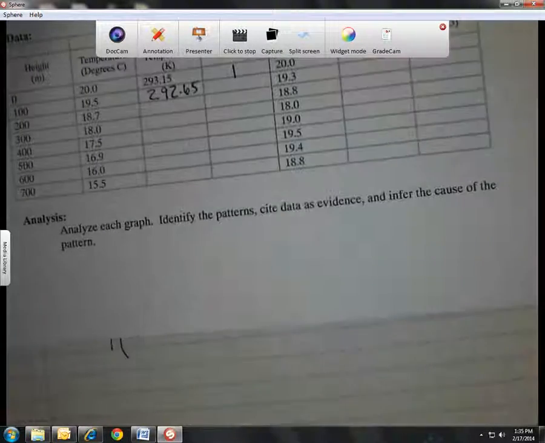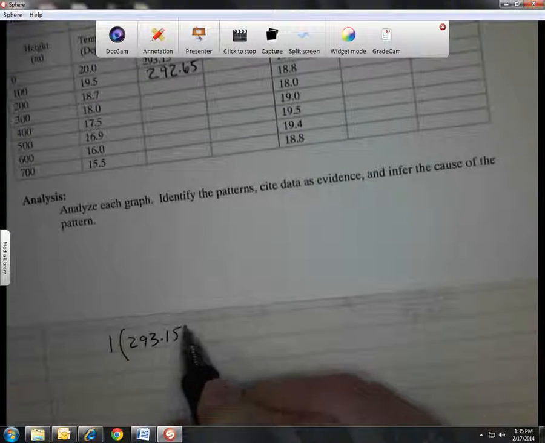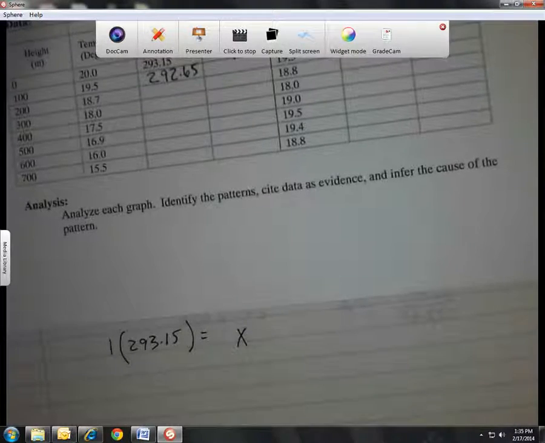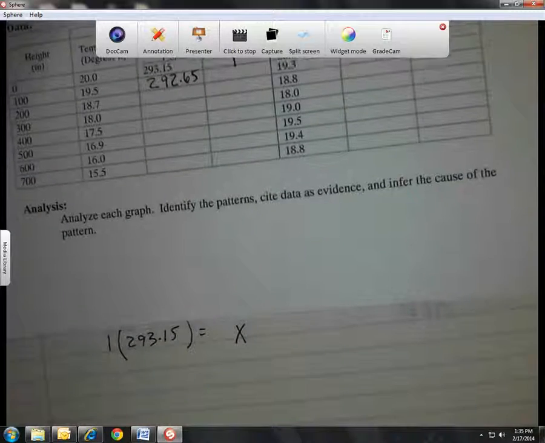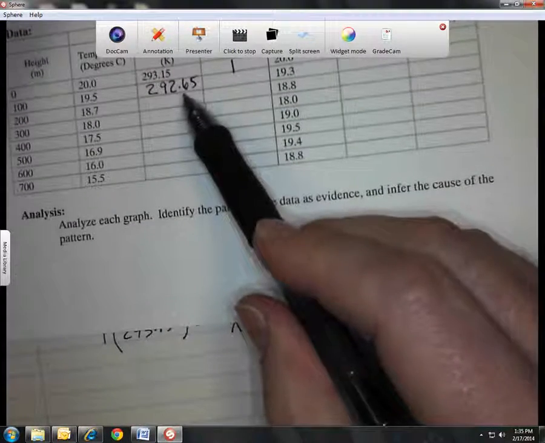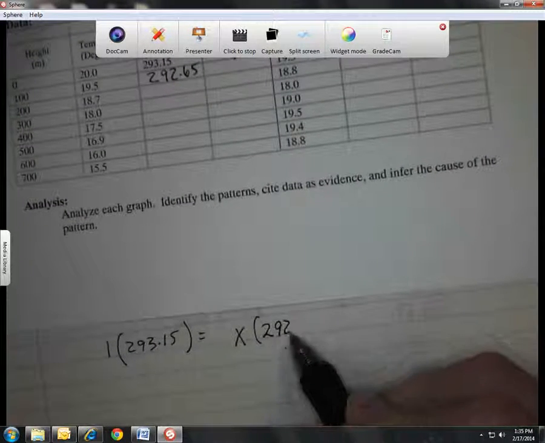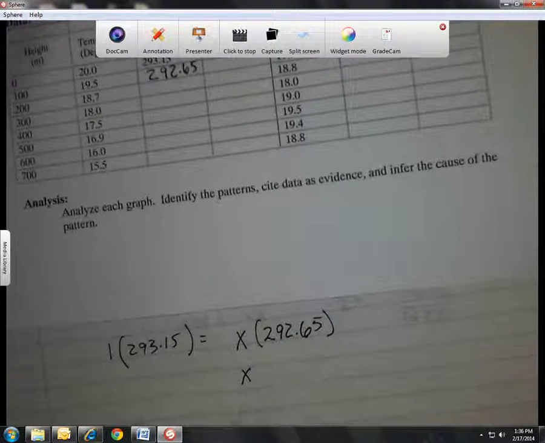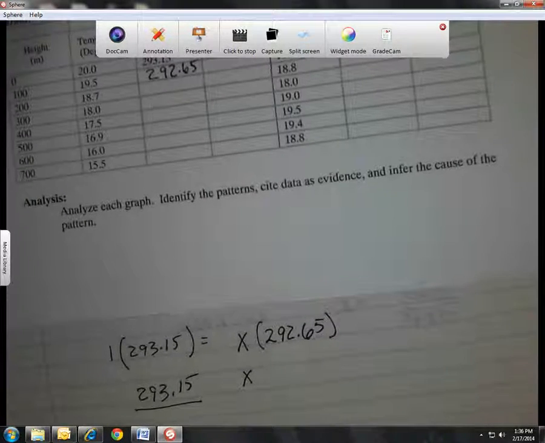That'll equal the density we're trying to solve for, in this case at 100 meters, times the temperature at 100 meters, which is 292.65 because we just solved for that. So we know x is going to equal 293.15 divided by 292.65.